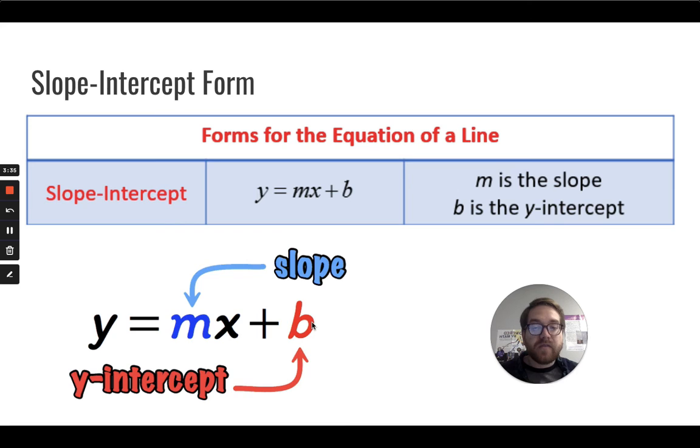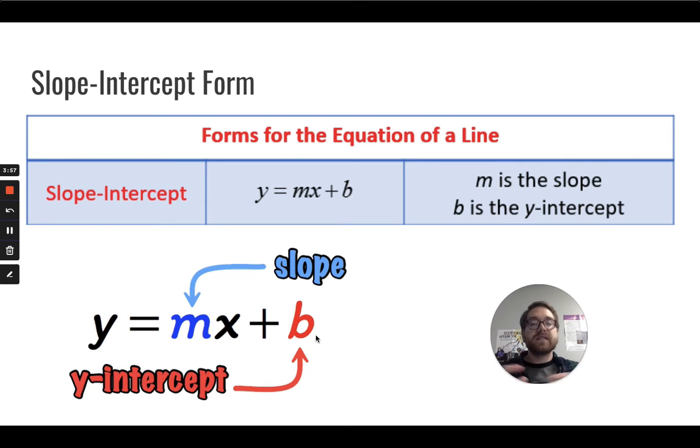Every linear equation, every straight line on a graph, is going to touch the y-axis at one single point. The y-intercept, the b in this equation, is that point. It's a single number that's telling us where this line is touching the y-axis.